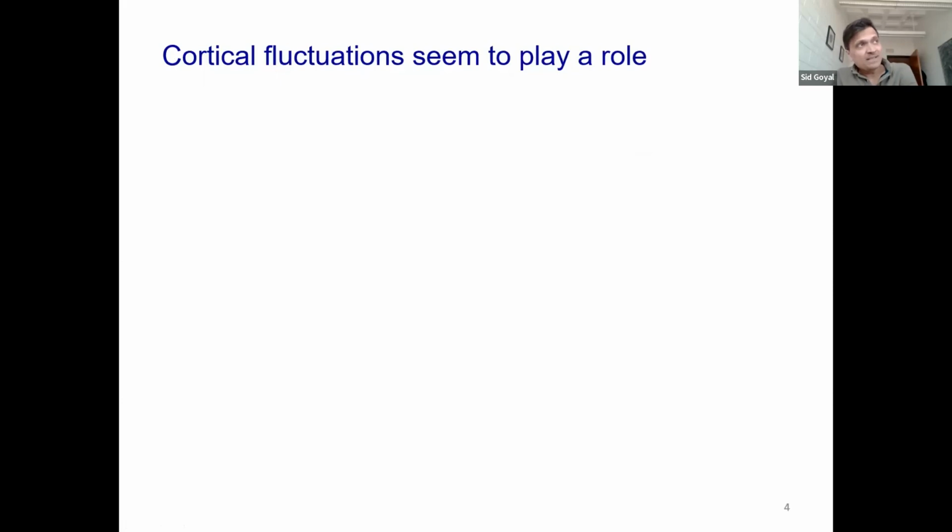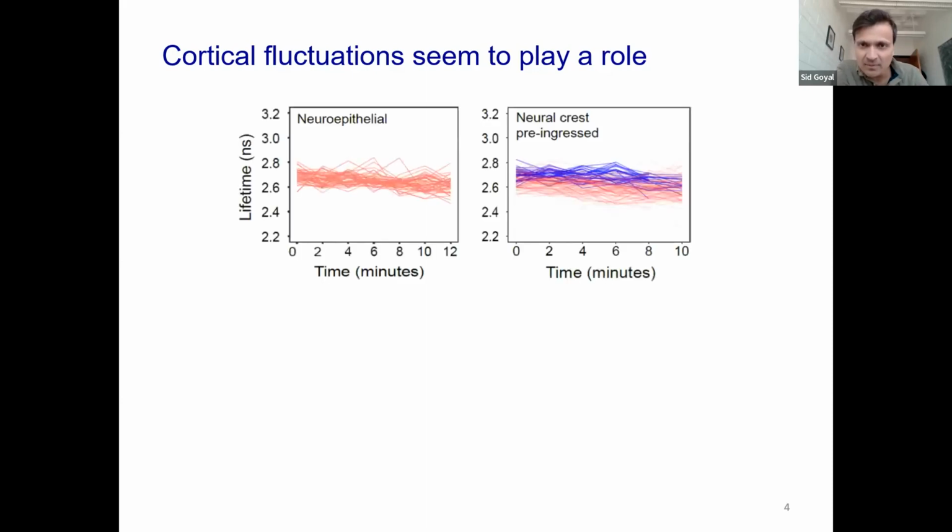What was surprising, at least the first surprise we had, and if I understand correctly, and people who know more should correct me, is that in the context of things like xenopus, it looks like the migration is really driven by gradients of stiffness and chemotaxis. Here it looked like the cortical fluctuations seem to be really central, and I'll give you an experimental observation which motivated this.